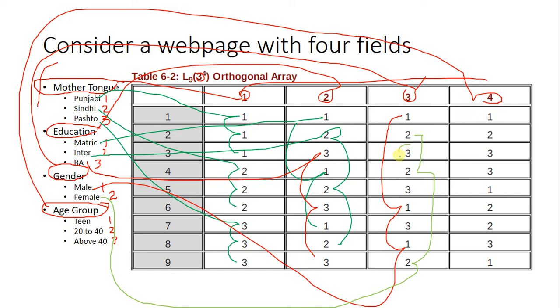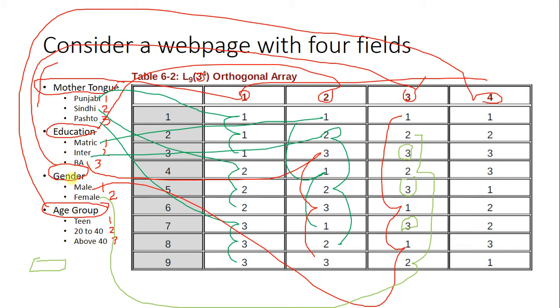So these values, this 3, this 3, and this 3, are extra values. But while testing, suppose this is a web page, we cannot keep it empty.